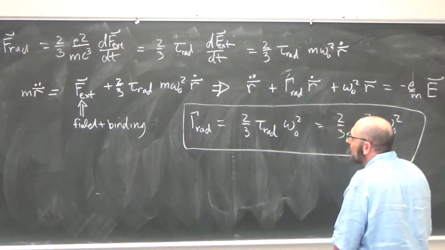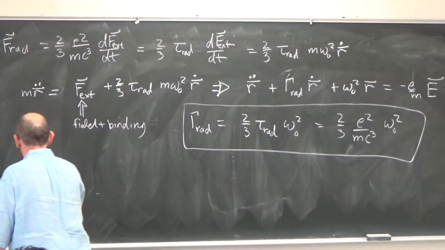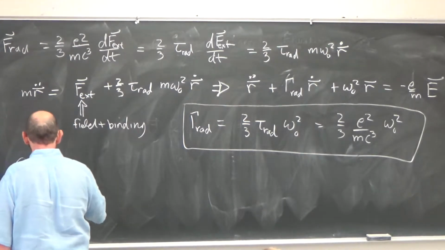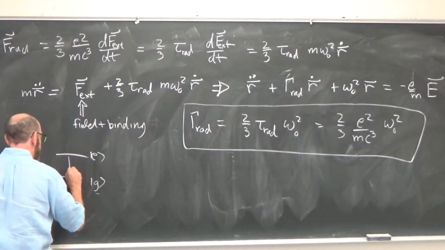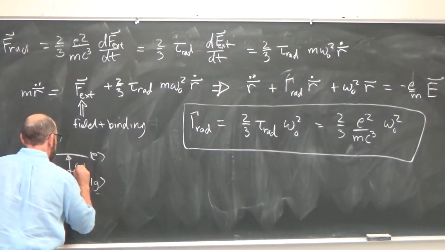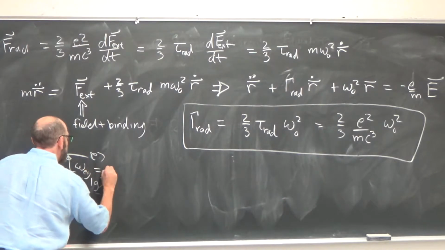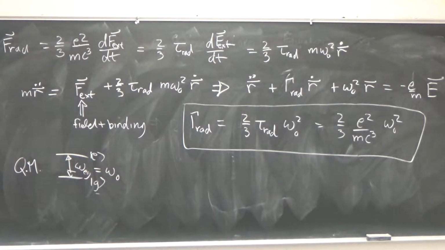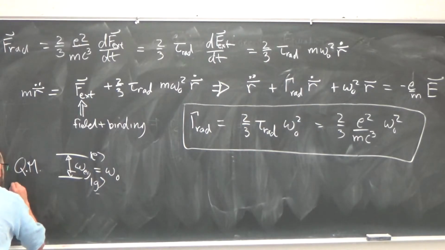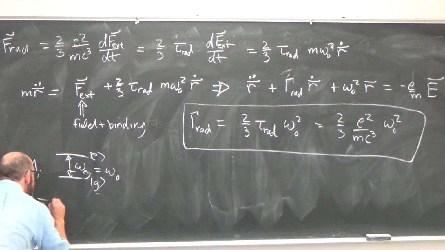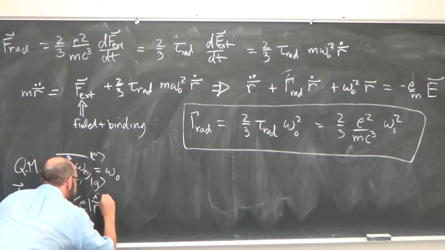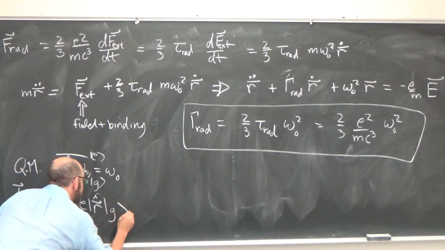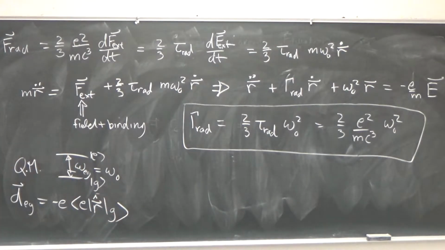In fact, so quantum mechanically, if I have a two-level atom with some Bohr frequency, which is the resonance frequency of this two-level atom, and I have a dipole matrix element, which is the matrix element of the position of the electron between the ground and the excited state.